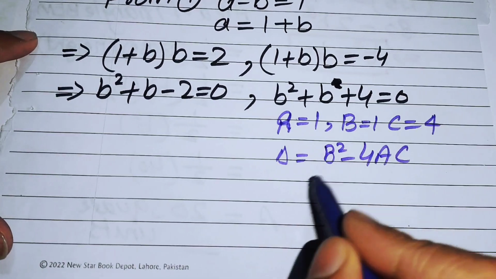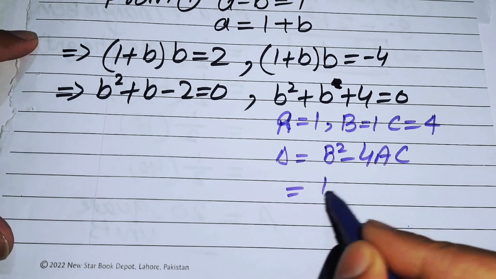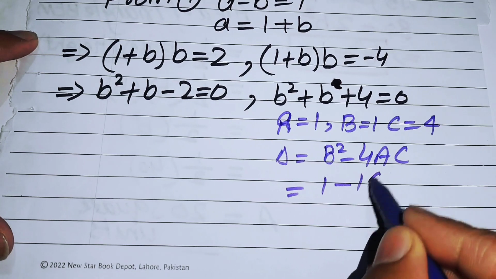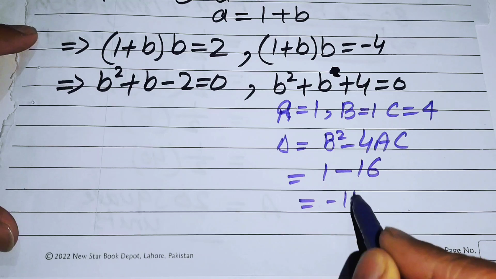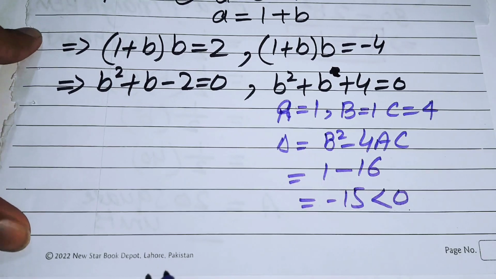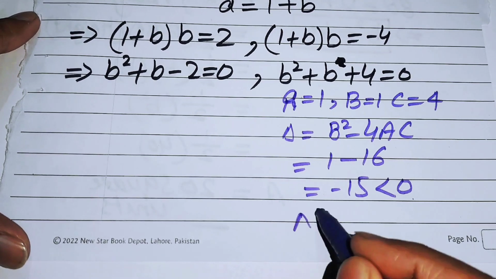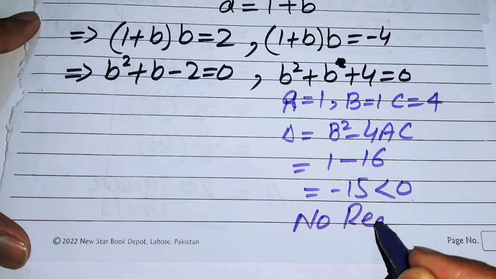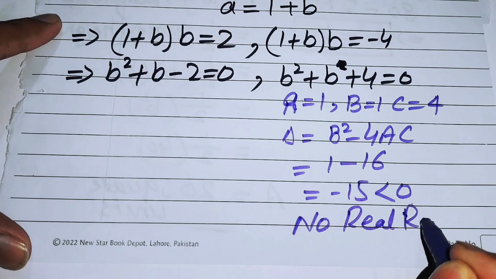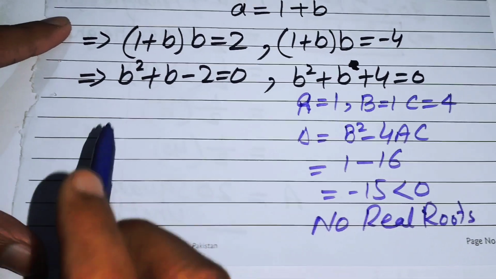So we put the values of a, b and c here and we get 1 minus 16, and it is minus 15, and you know that it is less than 0. So if our delta is less than 0 it means that it has no real root. So we reject this case and we proceed with this case only.